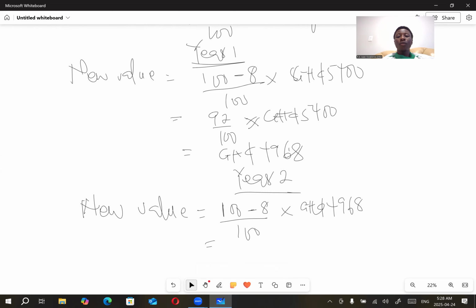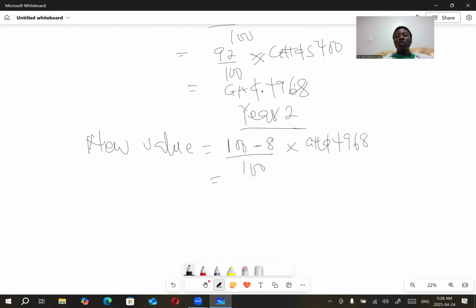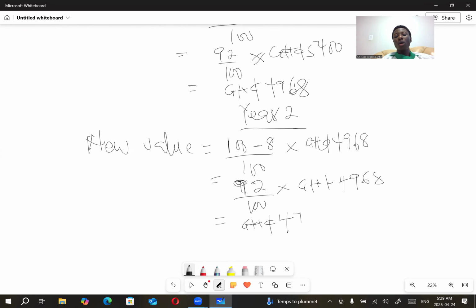So times original value. The original value of the machine is 4,968. Well, 100 minus 8 is what? 92 over 100 times 4,968. What is that? 4,570.56.